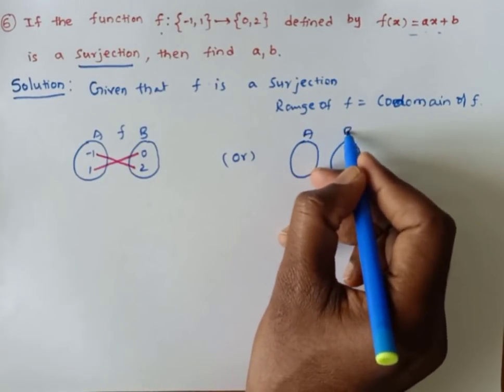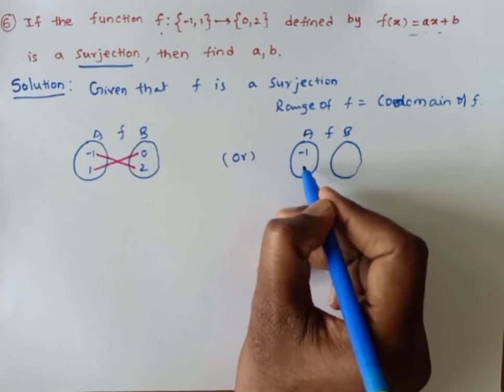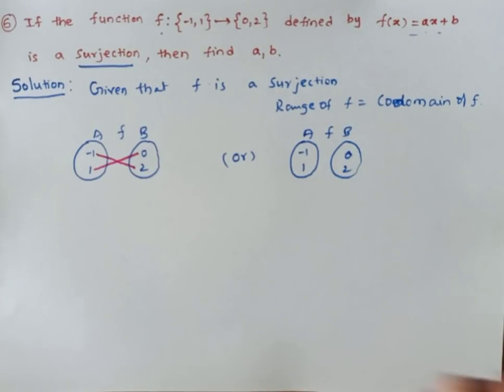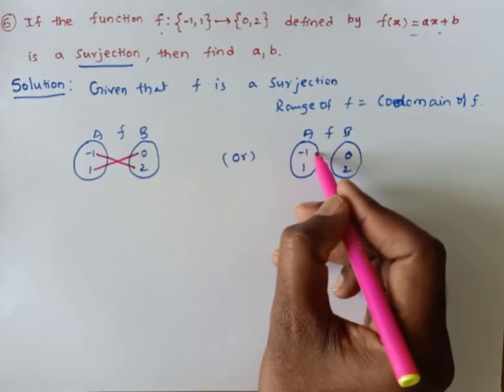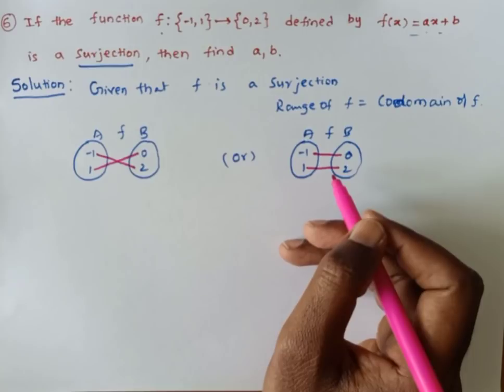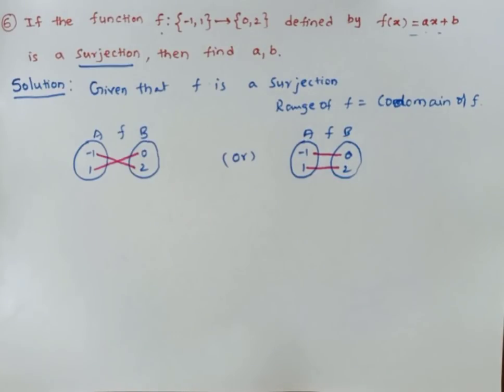So there exists another case, where A contains minus 1 and 1, B contains 0 and 2, and minus 1 is mapped to 0 and 1 is mapped to 2. By using these two conditions, you need to find the possible values of a and b.